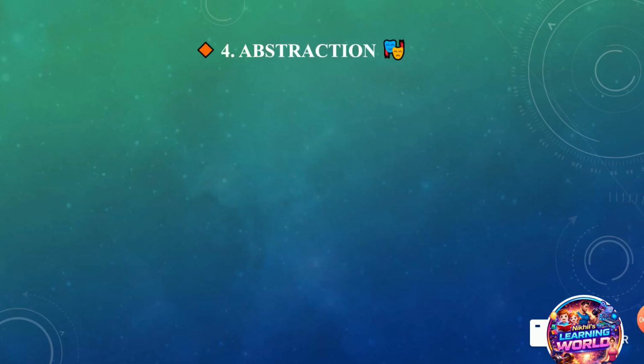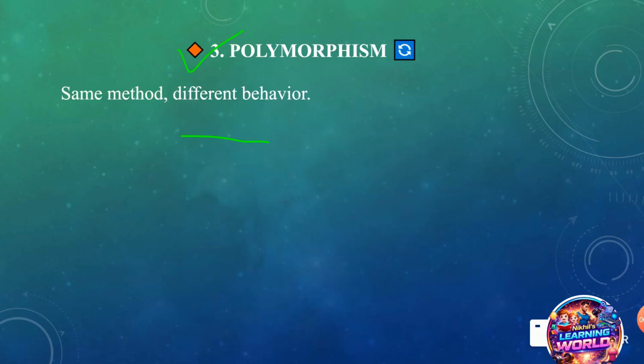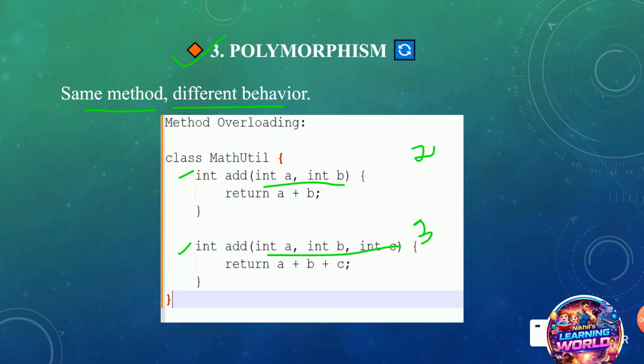But here is another example, another function like add, and here the number of parameters passed is 3. In the previous example function we saw two parameters, a and b, but here a, b, c there are three parameters, and we have written the addition of three numbers.